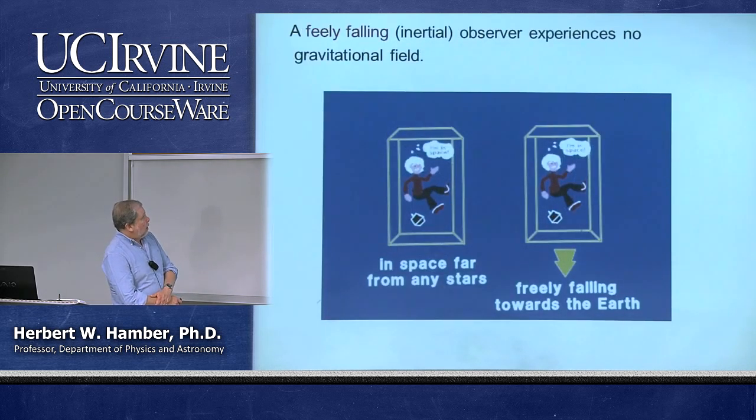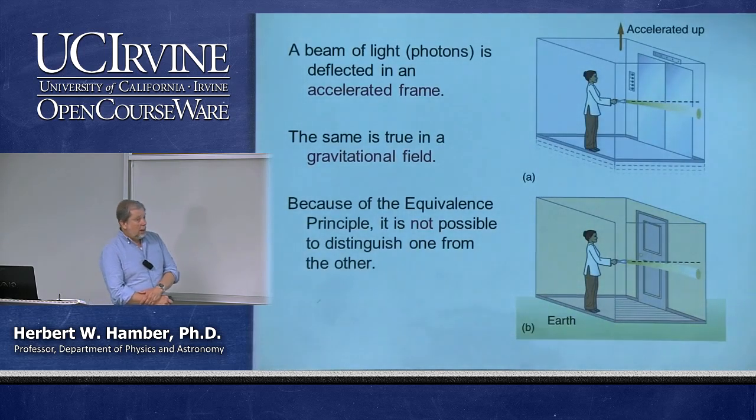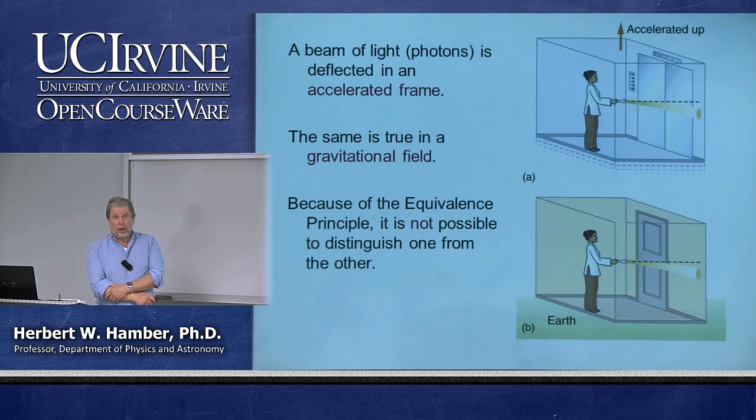As a result, if you have this special frame, which corresponds to a freely falling observer, then you can cancel the gravitational field entirely, just like you can cancel the acceleration. The kind of discussions we had apply both to material particles and also to photons. Light is affected in the same way.